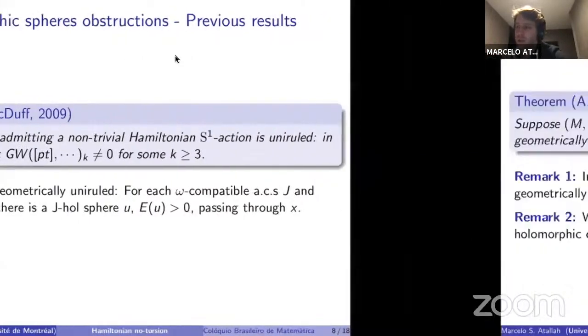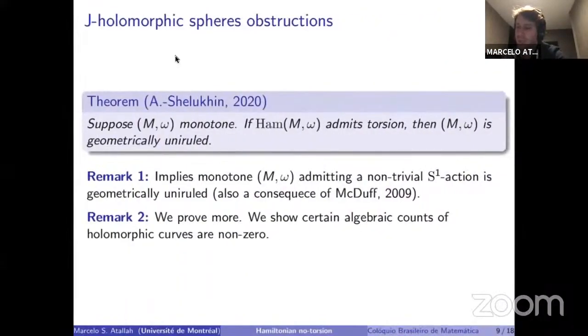And what we were able to do was to show that in the monotone case, if the group of Hamiltonian diffeomorphisms admits torsion, then the manifold is geometrically uniruled. In particular, this would imply that any non-trivial Hamiltonian S1 action would force the manifold to be geometrically uniruled, which of course was already a consequence of the theorem by McDuff.